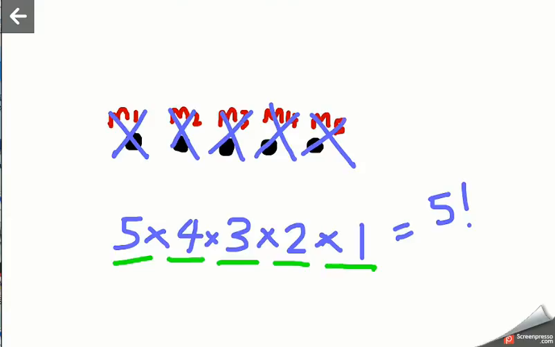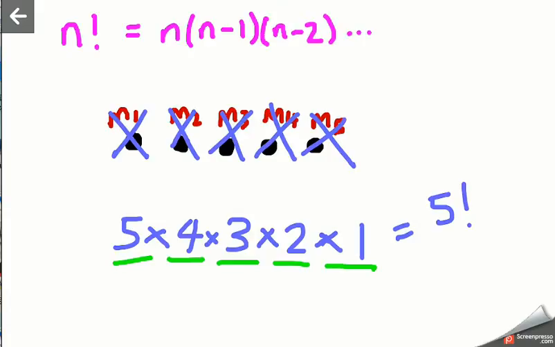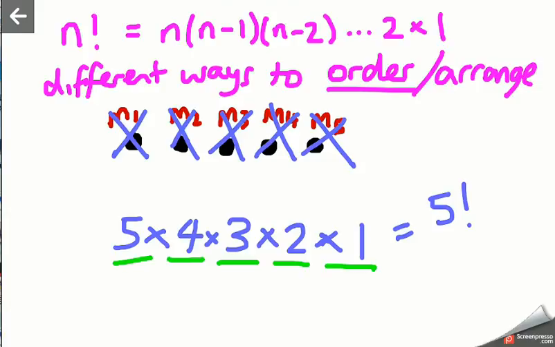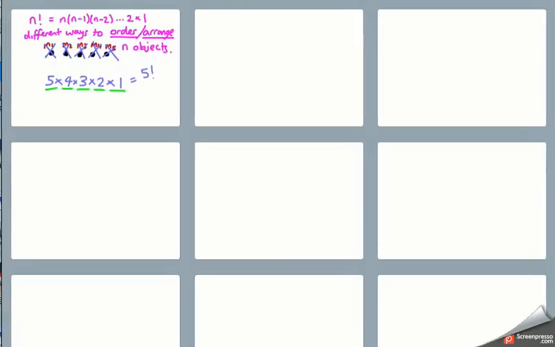In general, there are n factorial, which is equal to n times n minus 1 times n minus 2 times and so on, times 2 times 1, different ways to order or arrange n objects. So that's kind of important.